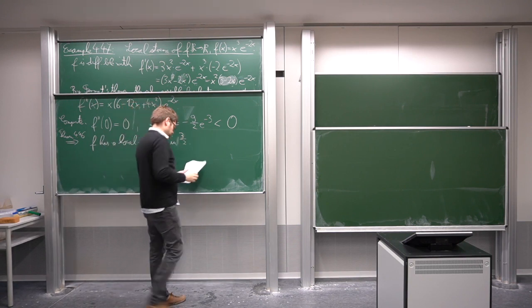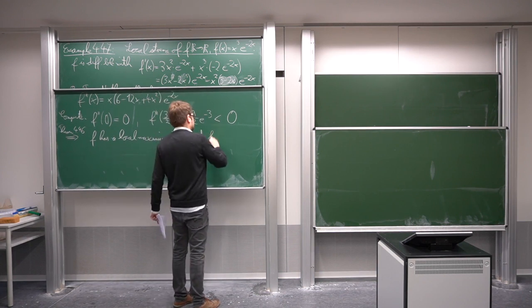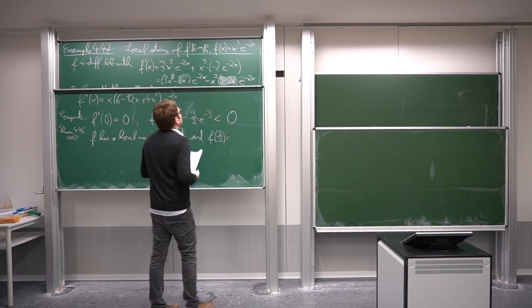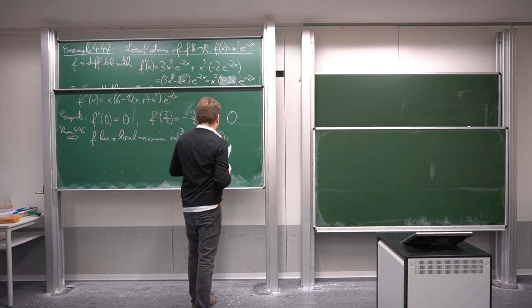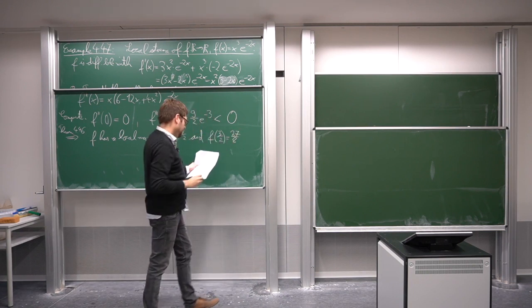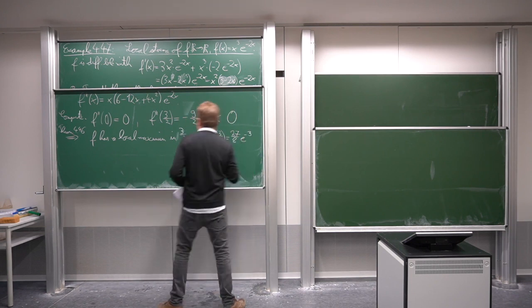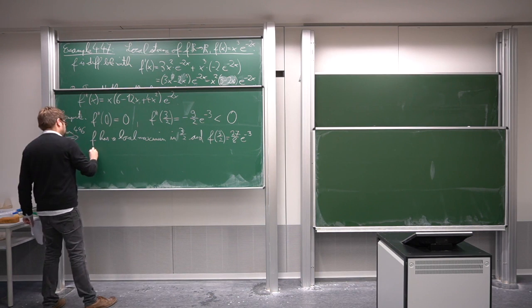And the local maximum is now the value f of 3/2, where you have to insert. It's not very nice. It's 27/8, which is just 3/2 to the power of 3, times e to the minus 3. And this value is a local maximum of f.